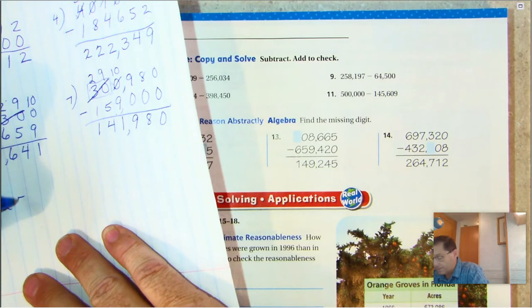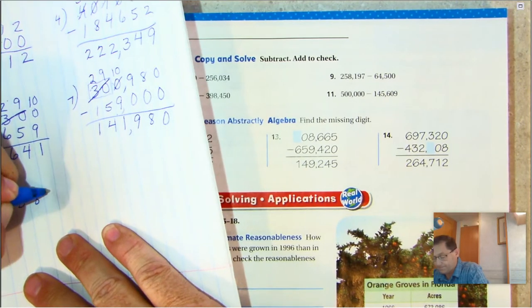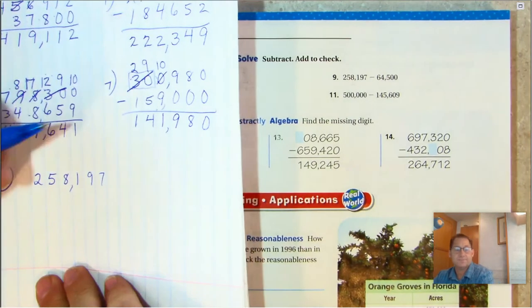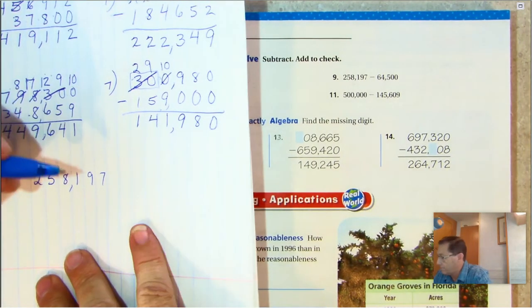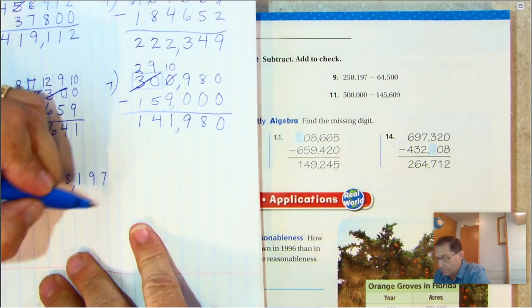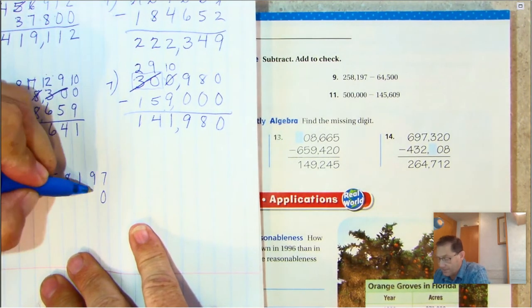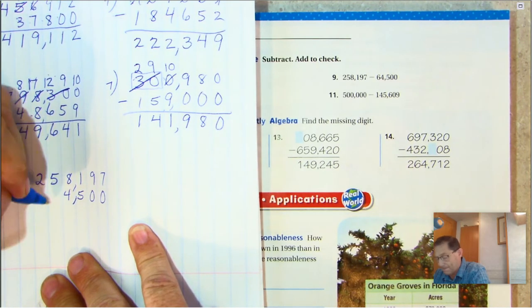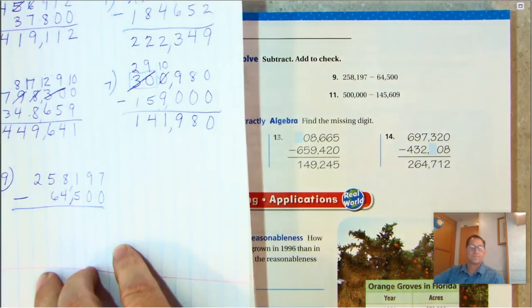So I'm going to copy the first number. So we have 258,197, and we're going to take away 64,500. I'm going to start with the ones, so I make sure that I lined up my place value. Okay.